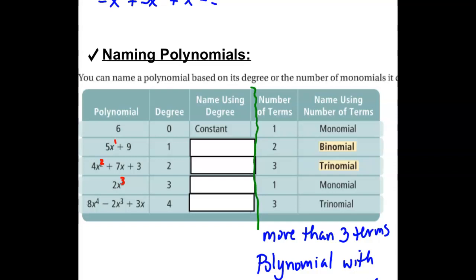Right? You did linear algebra last year, right? If you graphed y equals 5x plus 9, it's a line. Okay? It's linear. This year, in exponential algebra, we're going to start looking at higher powers. Okay? Our next one is called quadratic. Its graph is going to be a parabola, kind of a U-shaped graph.